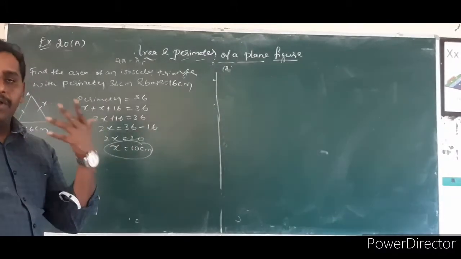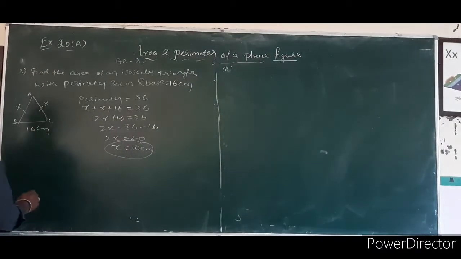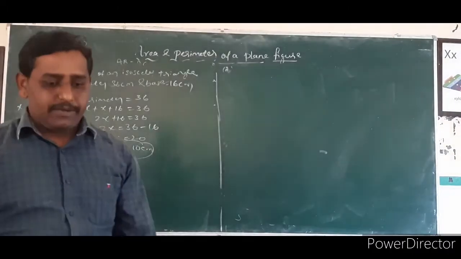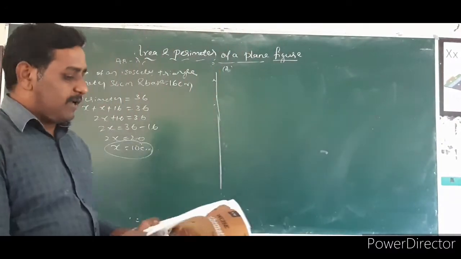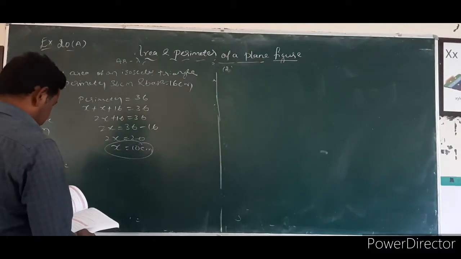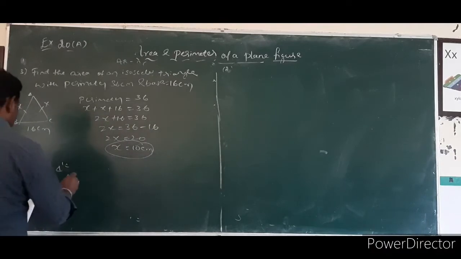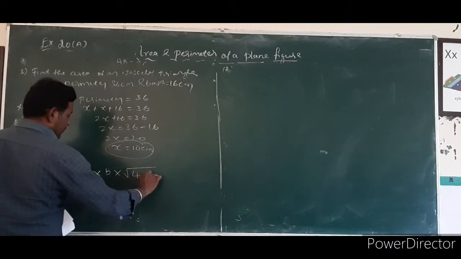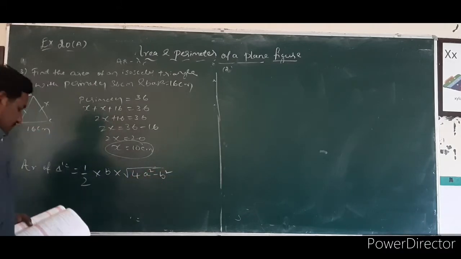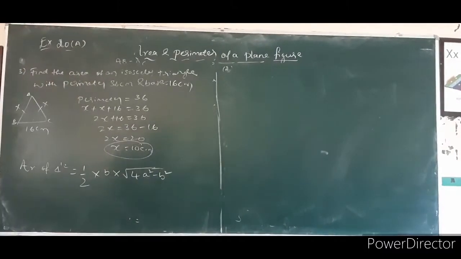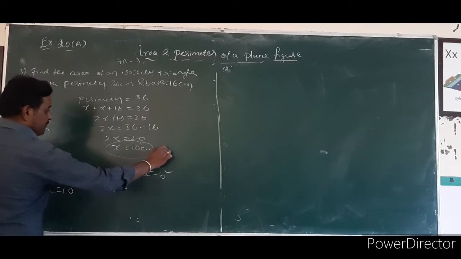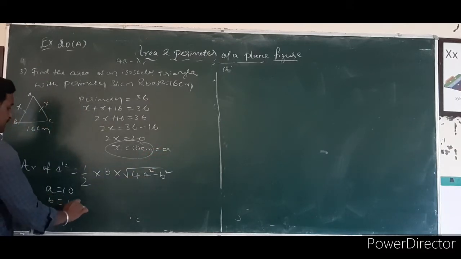Again, you can go by Heron's formula to find the area of the triangle, or directly you can go by the direct formula: half into base into root of 4a square minus b square. So here a value is 10, b value is 16, they are given.